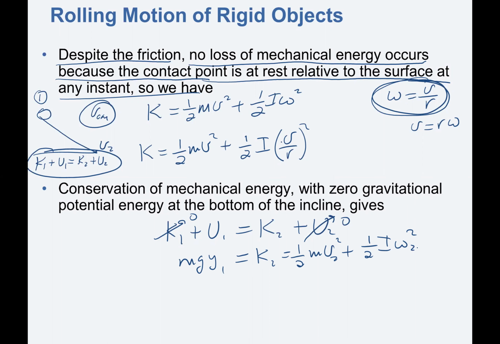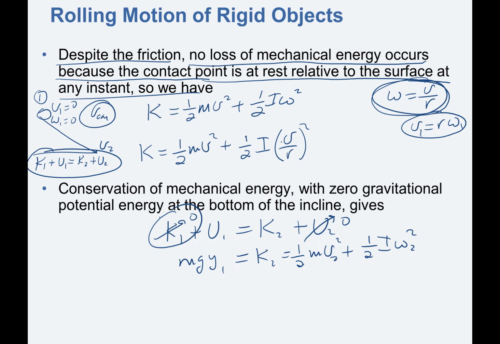By the way, if the speed 1 is 0, then omega 1 is 0, because speed and omega are related. So kinetic energy 1 is 0, both translational and rotational, if the object starts from rest.